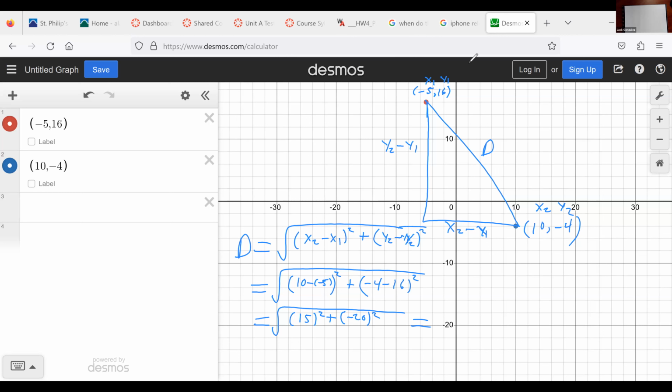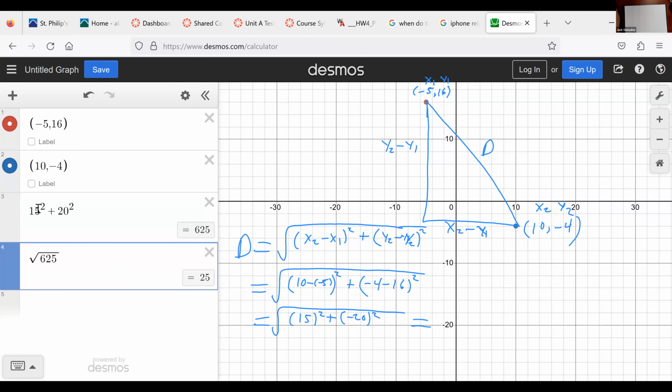All right, let me check too, because I don't know the answer. Let me calculate. 15 squared plus 20 squared is the same as negative 20 squared, so it'll be the square root of 625, which should be 25.